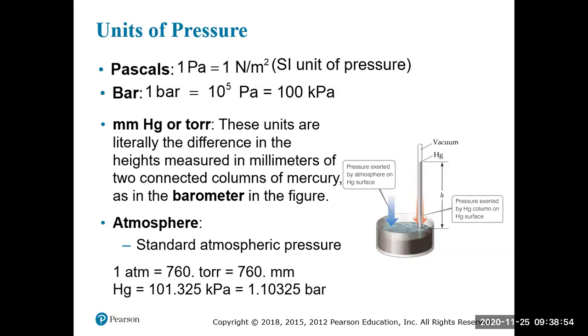You'll see any of these used, depending upon who's talking. There's just a lot of ways that people express this. So whether it's pascals, bar, millimeters of mercury, torr, or atmospheres, don't be confused. They're all talking about pressure for gases.